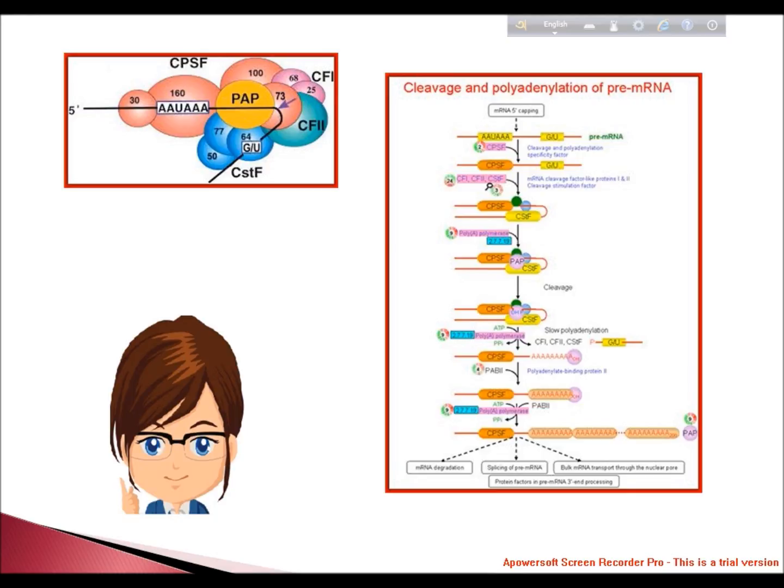The AAUAAA and GU-rich signal sequences are indicated, and the arrow denotes the cleavage site. The protein-protein and protein-RNA interactions depicted are consistent with available data.